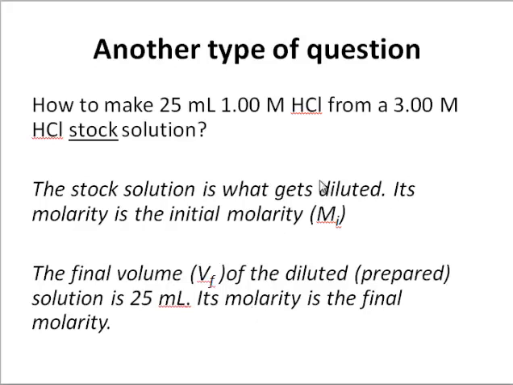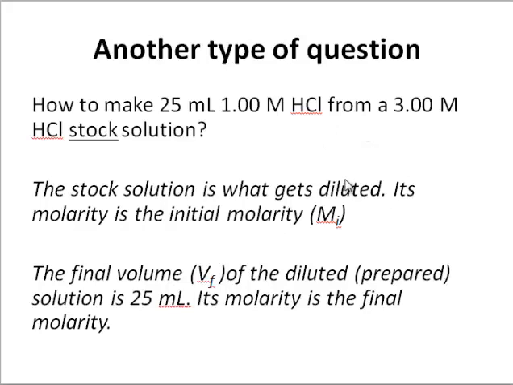So the final molarity in this problem is 1 molar HCl. So if we know the initial molarity, the final volume, and the final molarity, we must be solving for the initial volume. In other words, how many milliliters of stock solution are required?